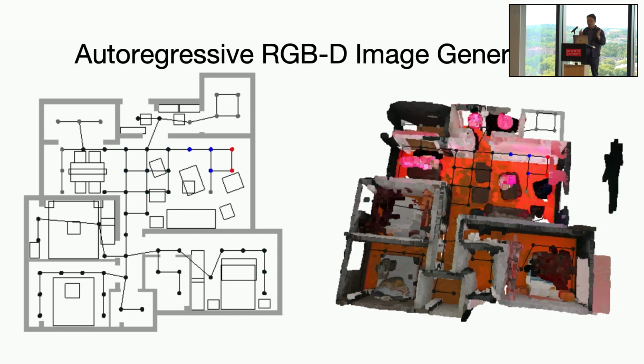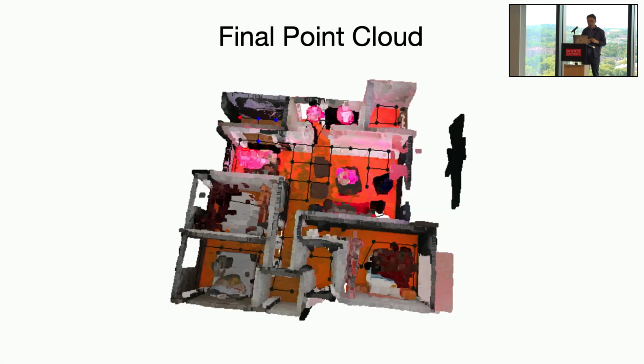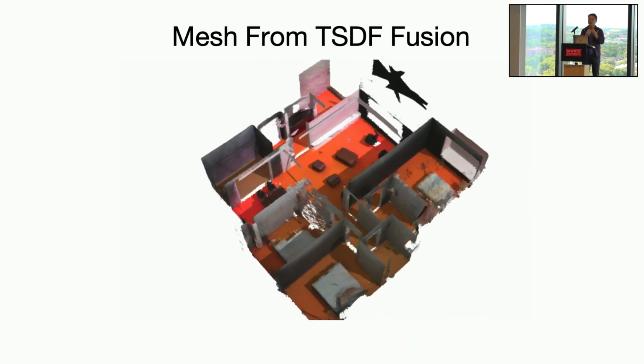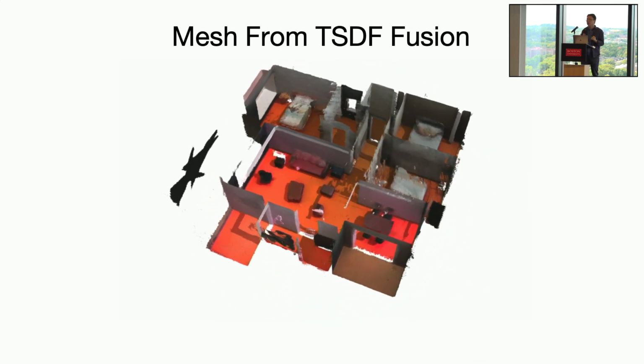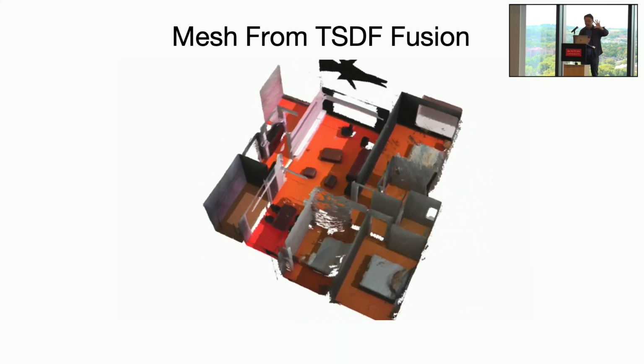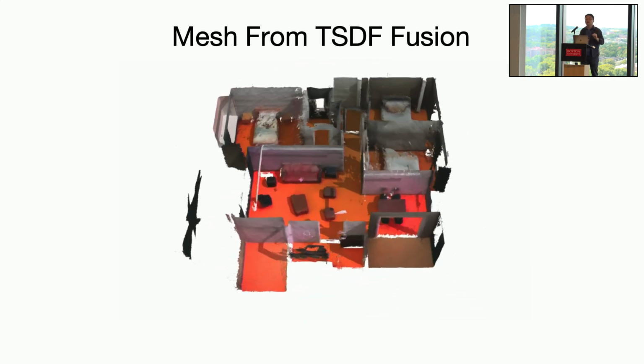So this is how it works. This is the final point cloud. And with these RGBD images, we can use existing approaches like TSDF fusion to convert those 2D observations into a 3D model. So I'm showing a rotated mesh of the scene here. Those shadows are added by the visualization tool. So this is how we do it.